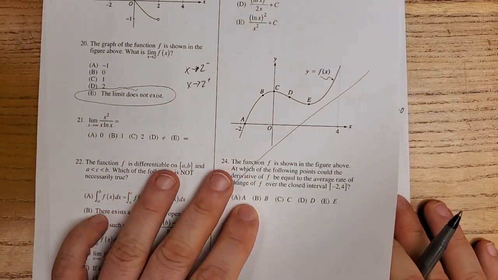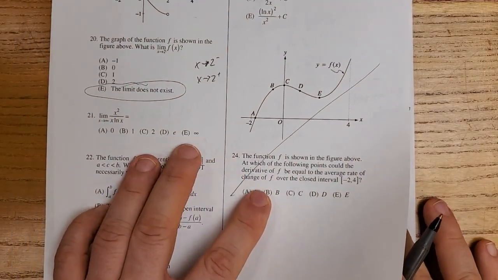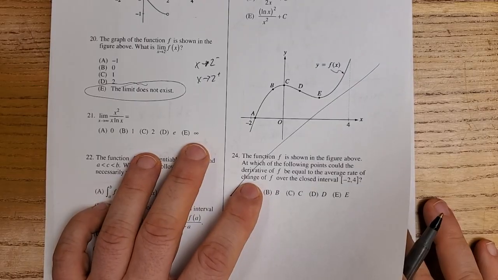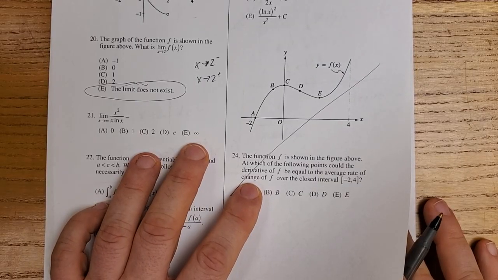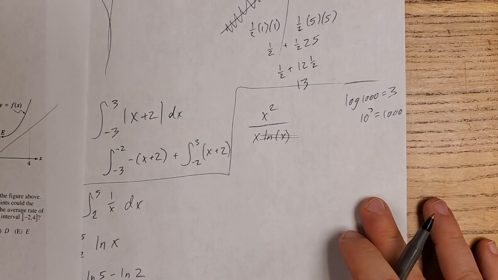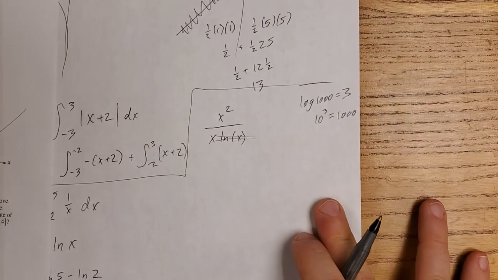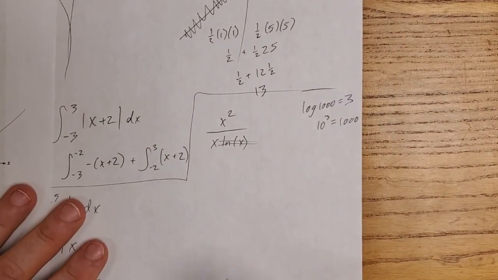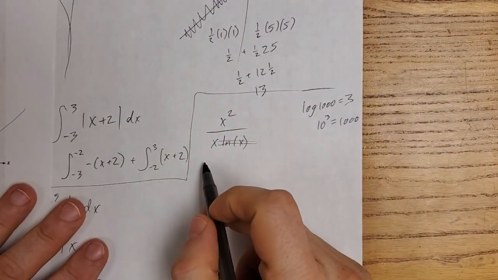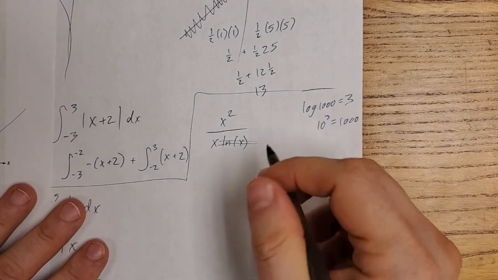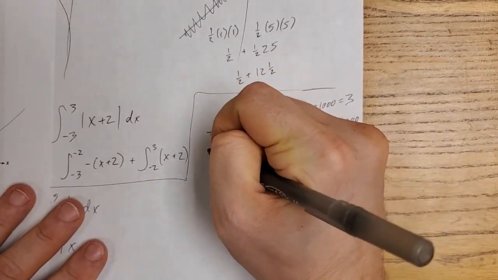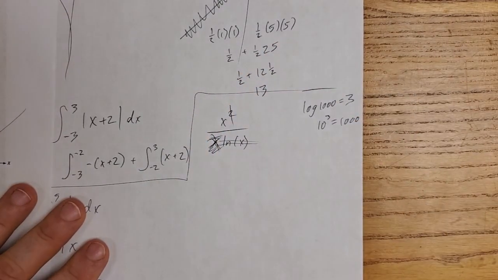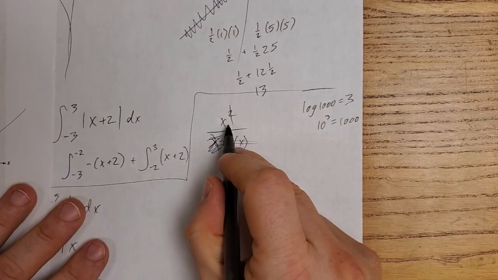Let's see, what are we even given as options? 0, 1, 2, e, and infinity. Well, we can also figure that we do have an x squared on top and an x on the bottom, so we can cancel out the squared and we're left with x.